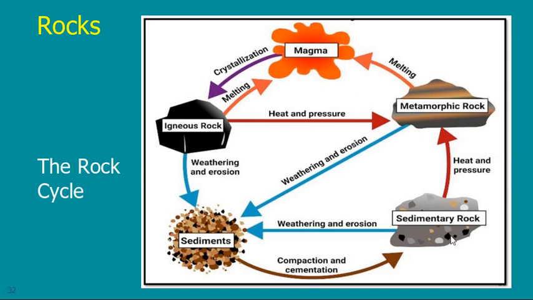All of these three types of rock, igneous, sedimentary, and metamorphic, if they are subjected to weathering and erosion, they can change to be sediments. As we said before, when we were studying the sedimentation process, by weathering and erosion, rocks change from any type of rock to be these sediments.